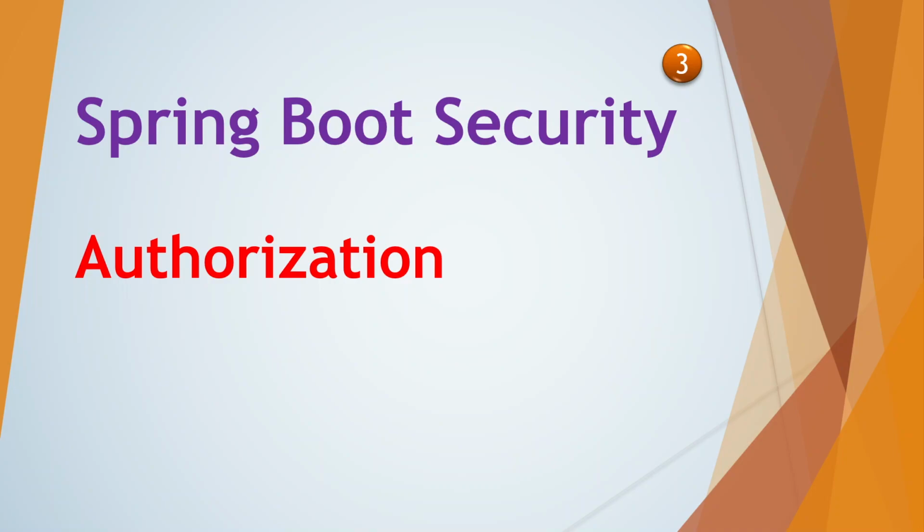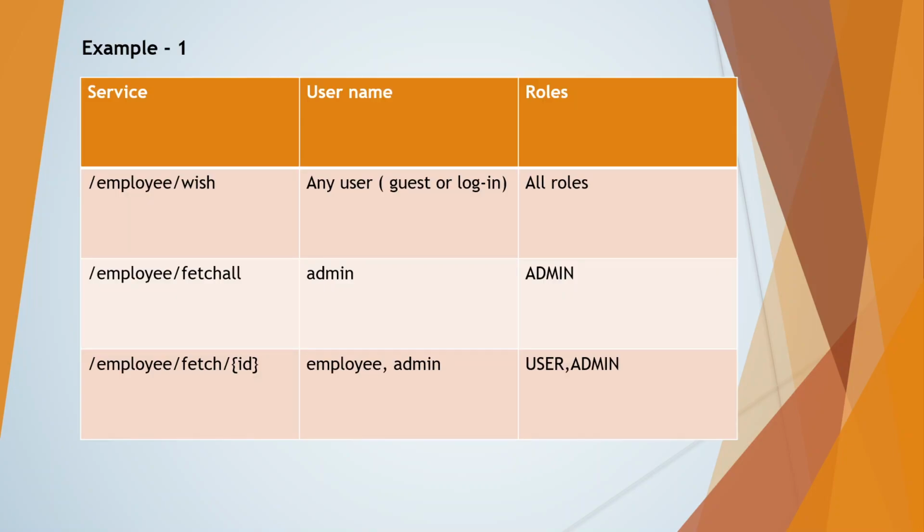So we will take one example: the employee microservice which we have used in the earlier example, we will try to extend that. That will have three independent URLs. Employee wish, this is one of the URLs. This should be accessible whether the user is a logged in user or a guest user, and whether the user has any role or whatever the role is.